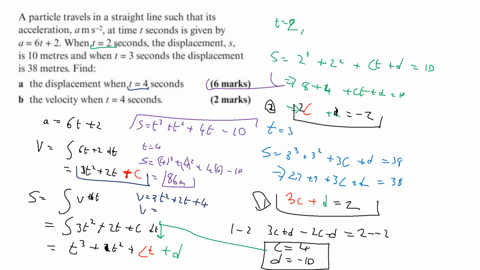So v is equal to 3 times 4 squared plus 2 times 4 plus 4, which is equal to, I'm sorry I'm running out of space here, but you should still get the answer if you do as I tell you, which is equal to 60 meters per second. And those are your two final answers.